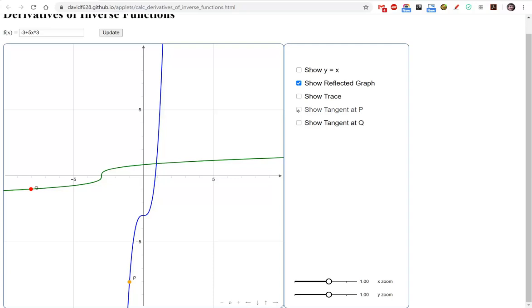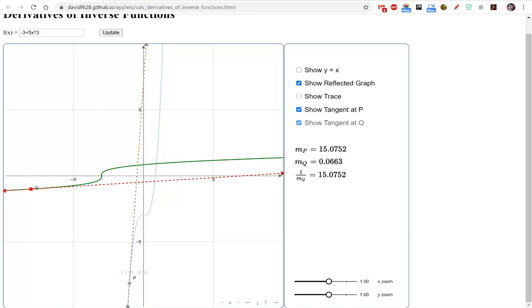Looking at the tangent on the original function, that relationship is always going to be that the slope on the original function is the inverse of the slope on the inverse function. So it's just the reciprocal. We just flip it. So effectively, if I figure out what the slope of the derivative is here, I can just invert it and come up with the slope of the derivative over there.